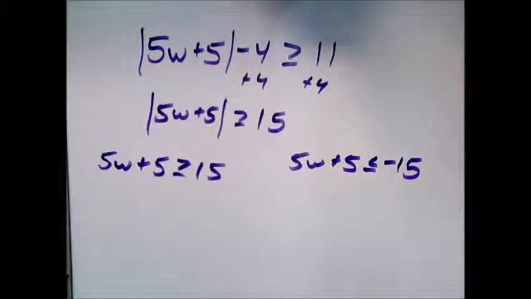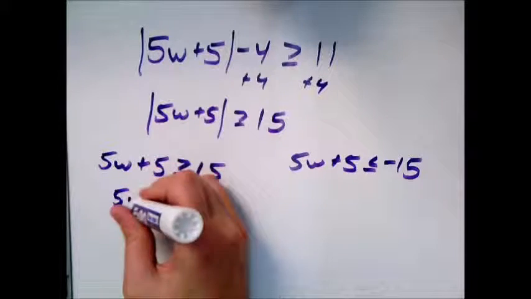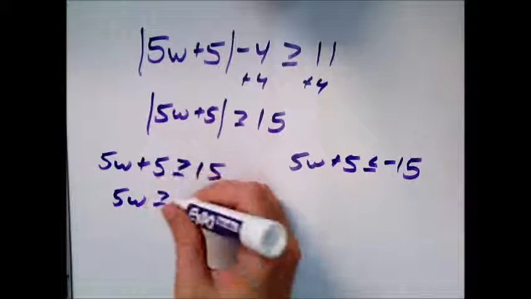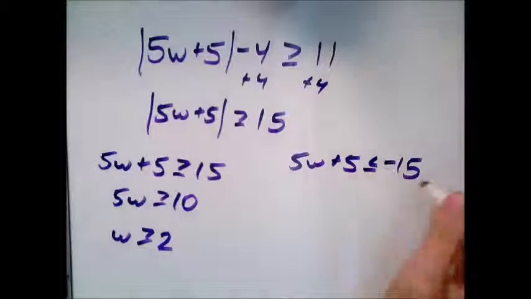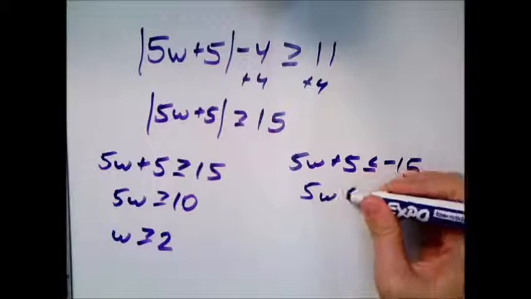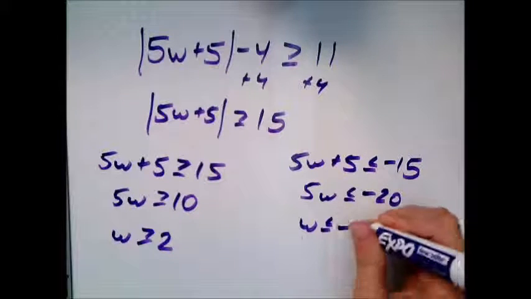So if you make it negative, you switch the direction of the sign. So if I subtract 5 from both sides, 15 minus 5 is 10, so I get w greater than or equal to 2. Here, if I subtract 5, it's negative 15 minus 5, so negative 20. So less than or equal to negative 4.